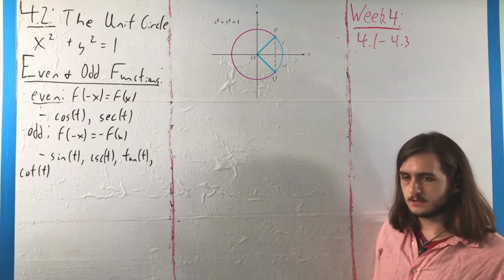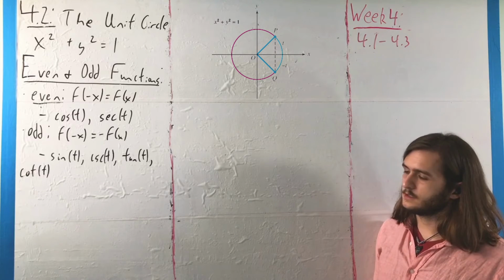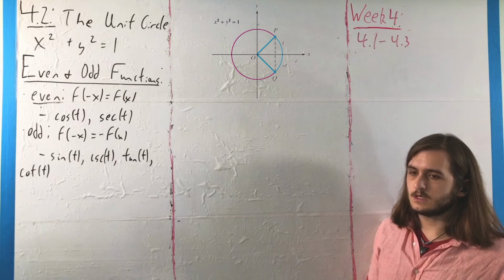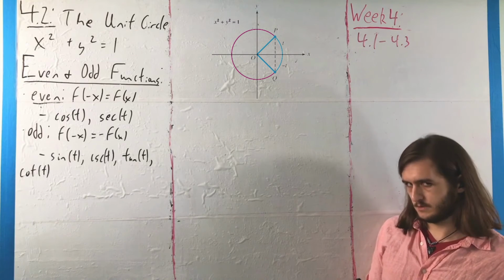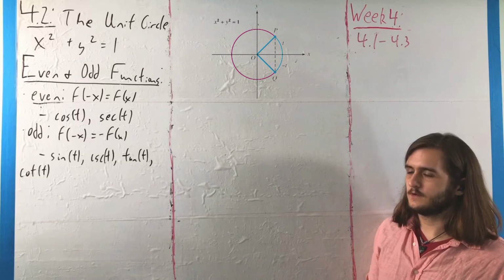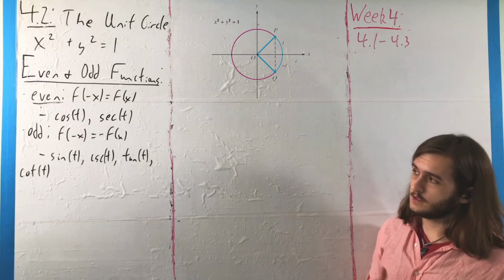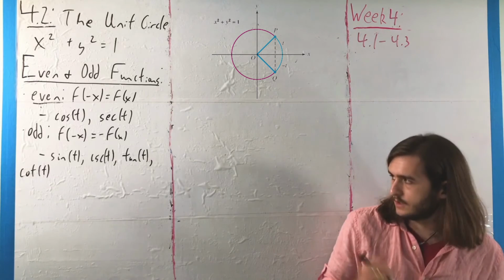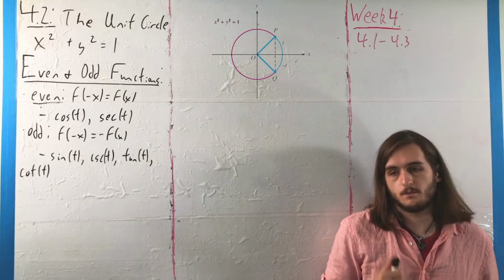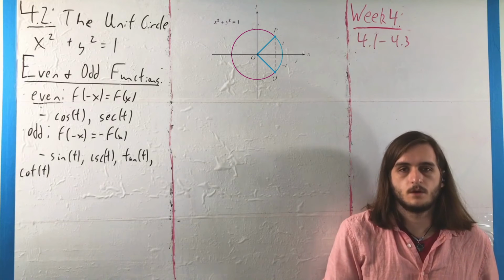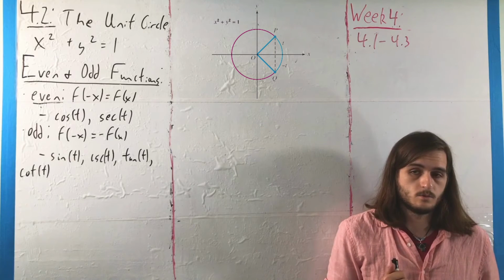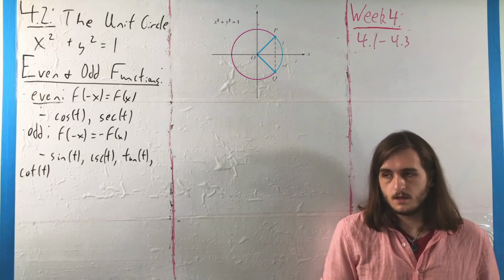And if we do that, we'll notice that our values for cosine and secant, the x components, as it were, well, those stayed positive, even though we flipped over the y values. So cosine and secant, because they remain positive even though we made the angle negative, would be even.